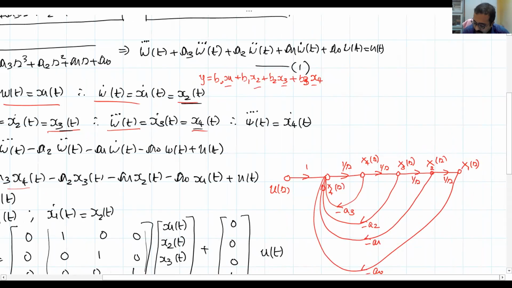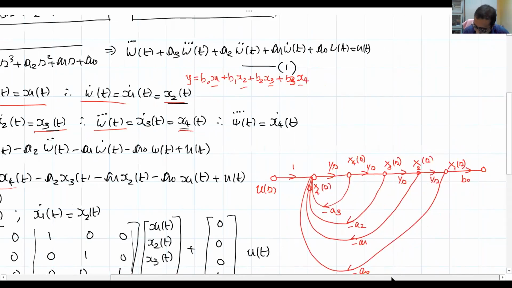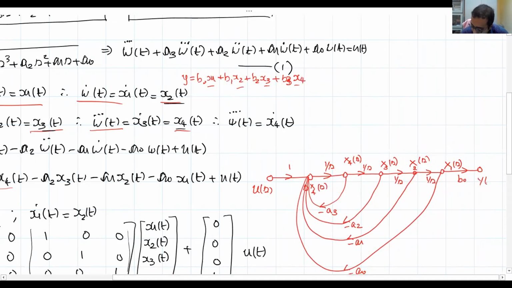So this is x1 of s. I will multiply it with a gain of b naught. Now this is my output variable y of s. So what is output variable y of s? It comprises b naught x1 plus b1 x2. So there should be a channel like this.